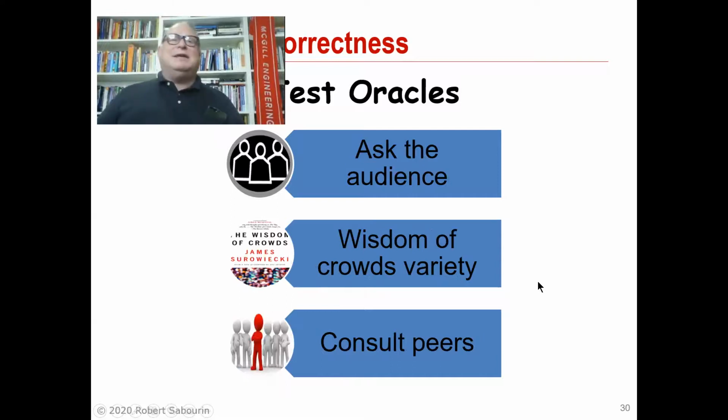And then the last test oracle is ask the audience. Now, ask the audience in a TV show is great. There's a big audience there and everybody votes. And the audience is almost always right.